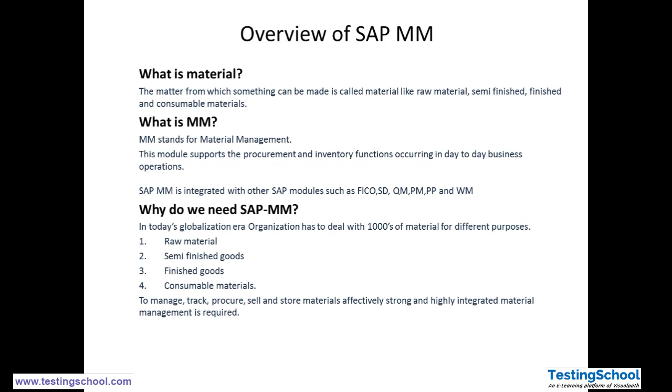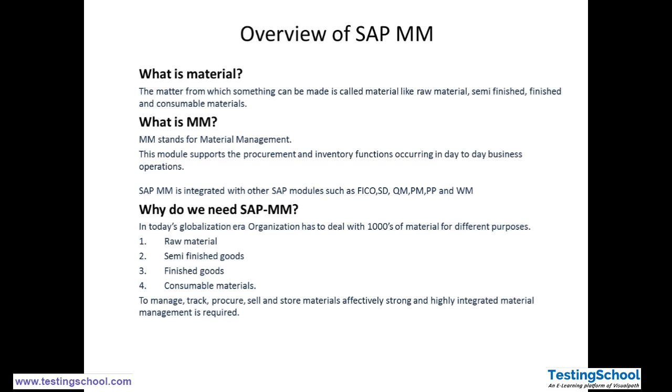Why? Because they purchase semi-finished goods, tires, from the market, they assemble them with their car and they sell the car as a finished product. So car is a finished product for a car manufacturing company and tire becomes a semi-finished good.